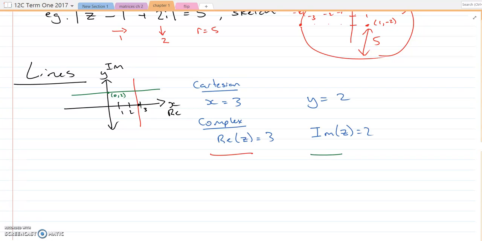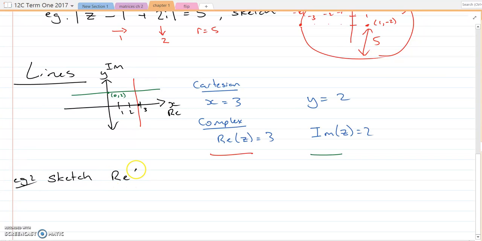Alright, you can also shift these lines, just like we shifted a circle. Okay, so if I have something like, example 2, sketch, real of z plus 2 minus 3i equals 3.